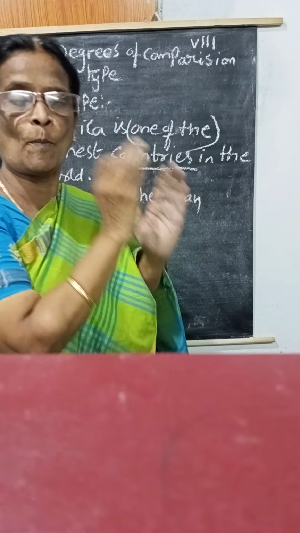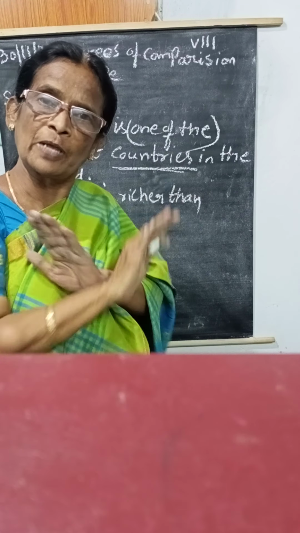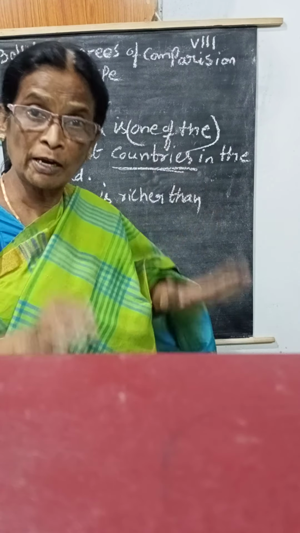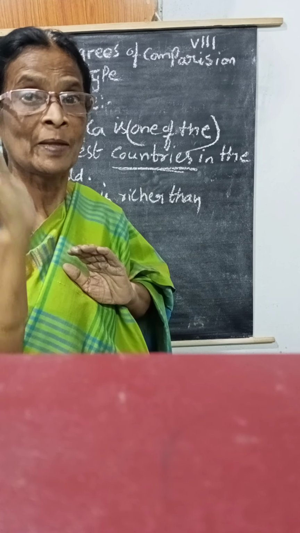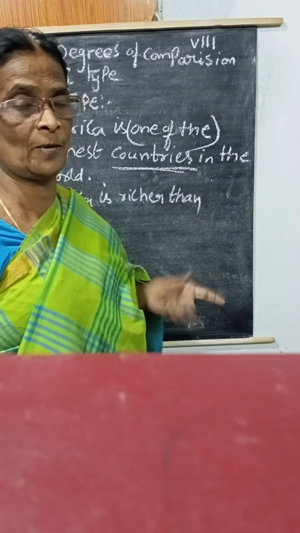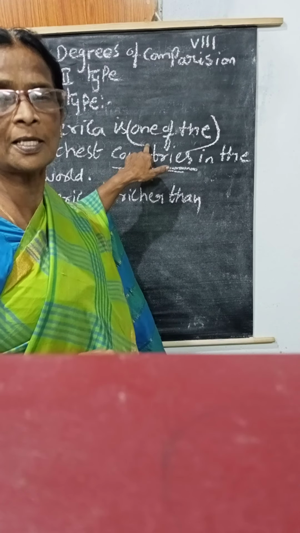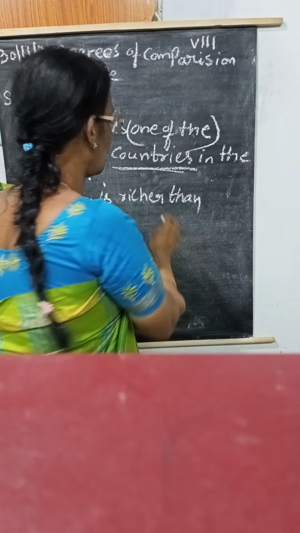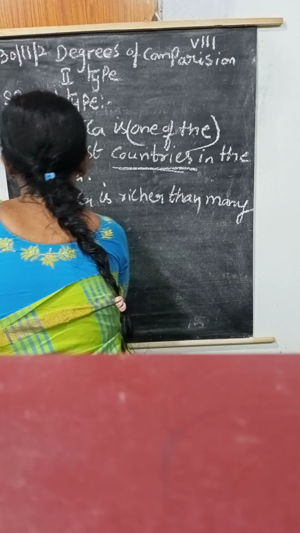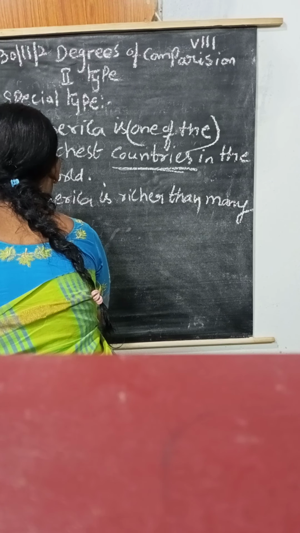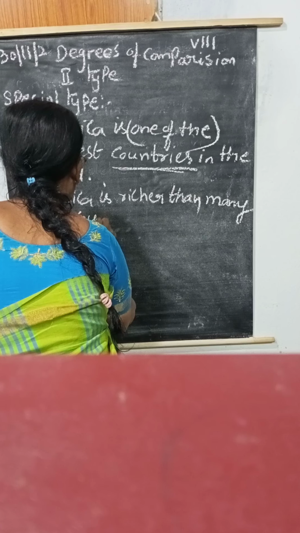So, there is a competition. In the ordinary type, there is no competition. That's why we wrote after that, any other. Any other means no competition. But here, when there is a plural, we have to use after that, many other countries in the world.